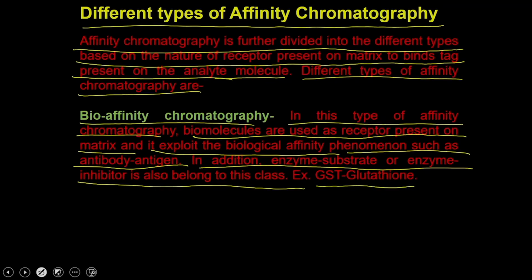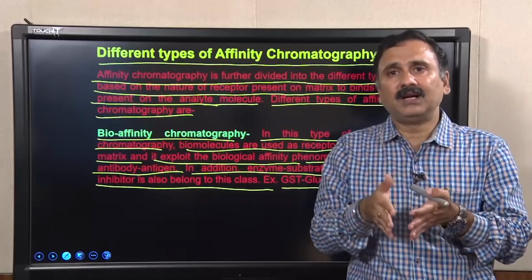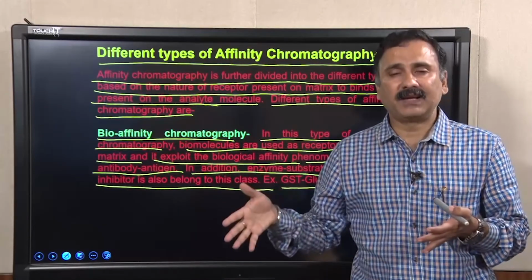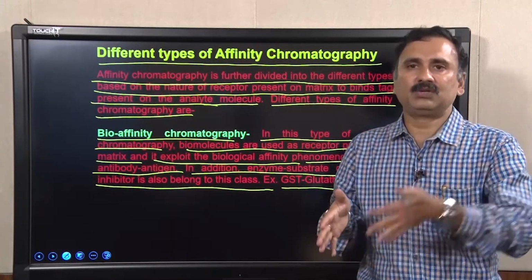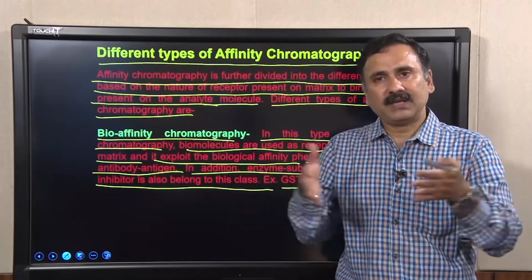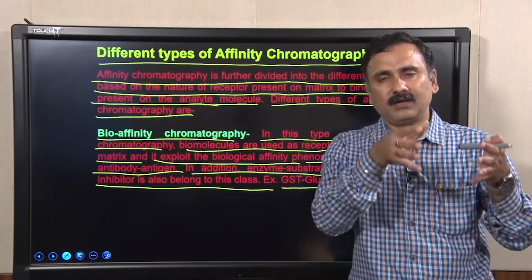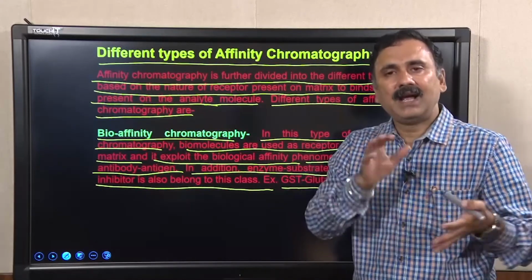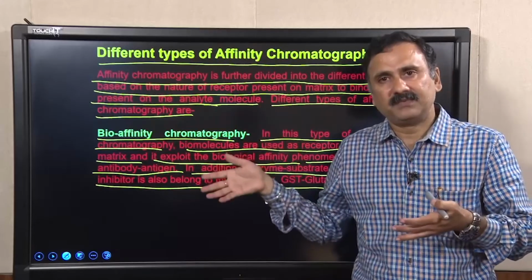So, bioaffinity chromatography is a chromatography where you are utilizing pre-existing natural ligand receptor complexes, which means you know that this ligand binds to this receptor, and you can utilize this pair. In this case you are tagging either the receptor to the beads or the ligand to the beads, and then you can use the cognate pair for the purification.